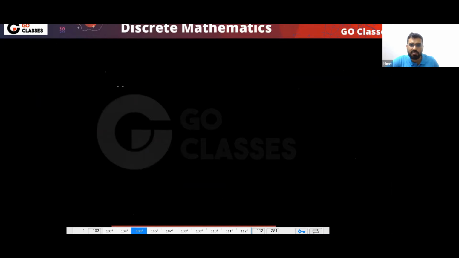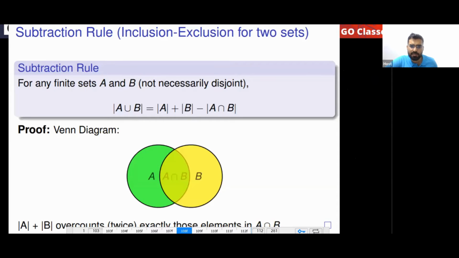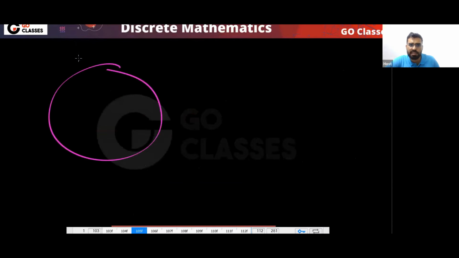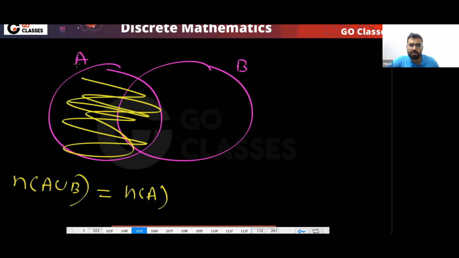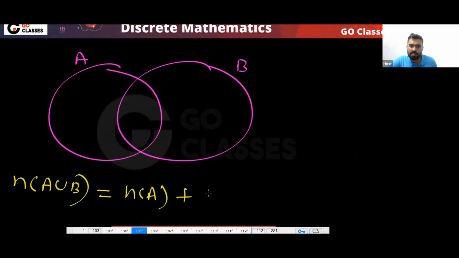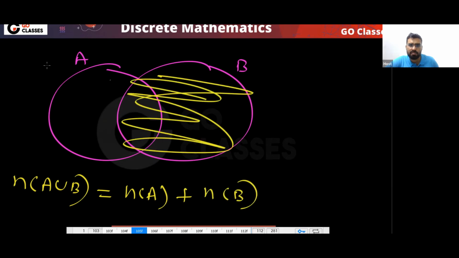So this is the idea. If you have set A and set B, what is the number of elements in A union B? That will be the number of elements in A, you count all the elements in A, plus the number of elements in B, you count all the elements there.